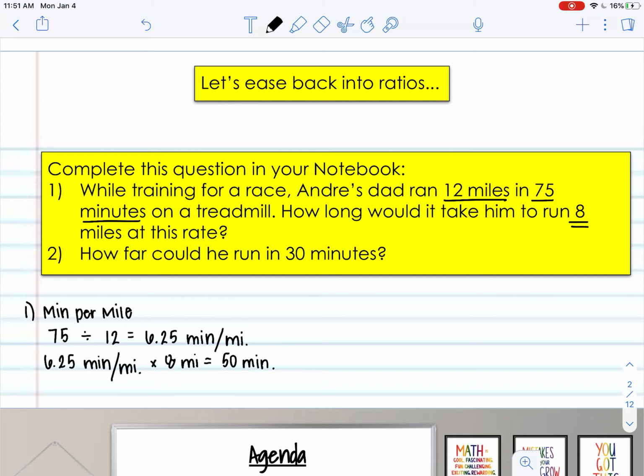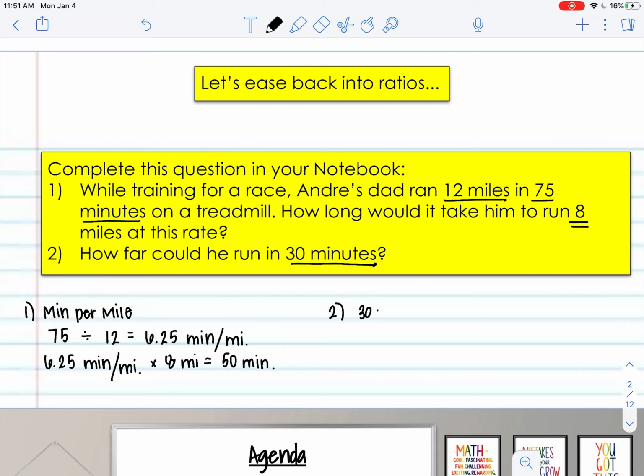Now, the second question says, how far could he run in 30 minutes? And the easiest way for me to think of this question is I'm basically splitting up 30 minutes into groups of 6.25 minutes, because that's how long it takes to run 1 mile. So 30 divided by 6.25, and it would be more precise for me to have labels there.